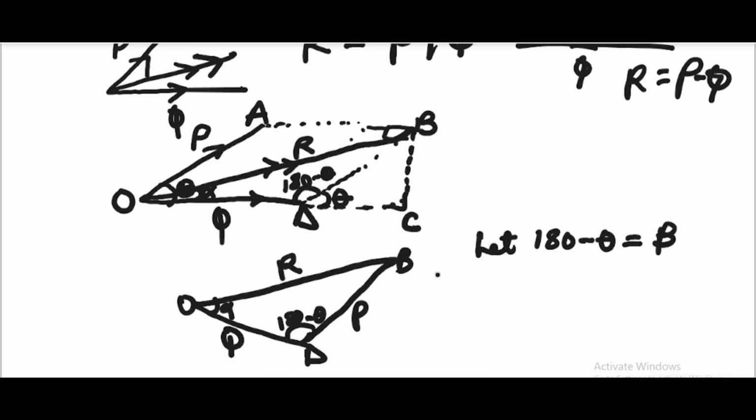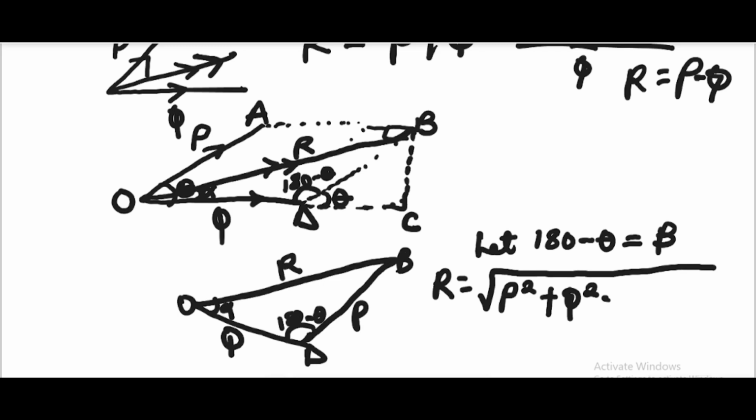So that we'll have R, the resultant, to be the square root of P squared plus Q squared minus 2PQ cos beta. You know what beta stands for, right?